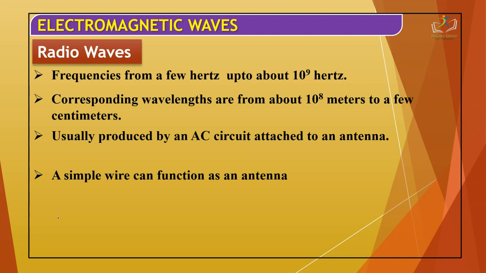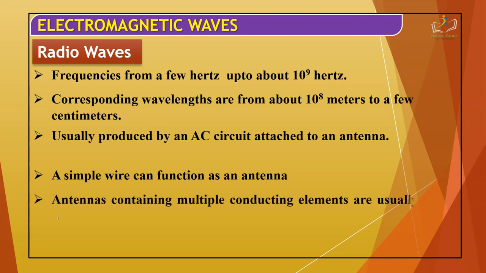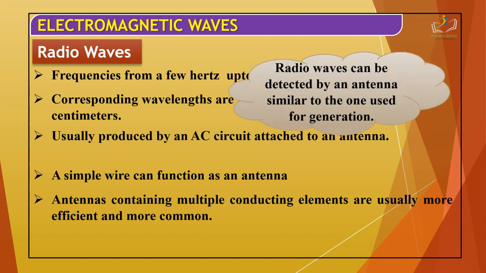A simple wire can function as an antenna. Antennas containing multiple conducting elements are usually more efficient and more common. Radio waves can be detected by an antenna similar to one used for generation.